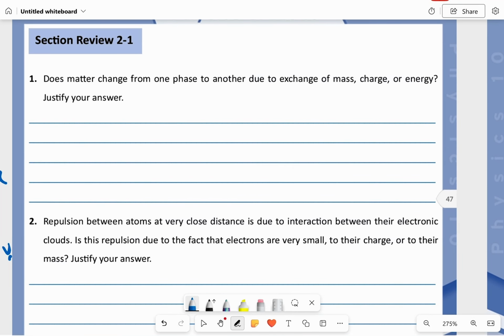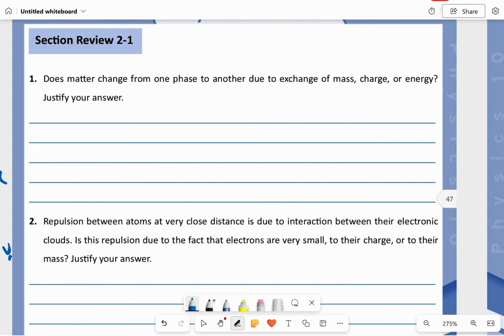You have section review 2.1. Does matter change from one phase to another due to exchange of mass, charge, or energy? Remember we said a phase can be changed through two things: through giving the phase thermal or mechanical energy, okay?